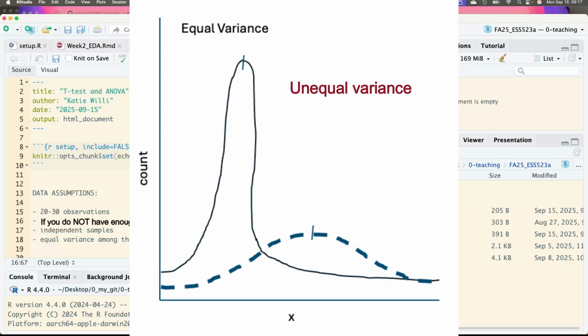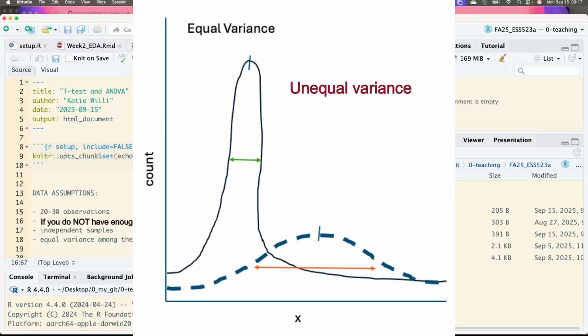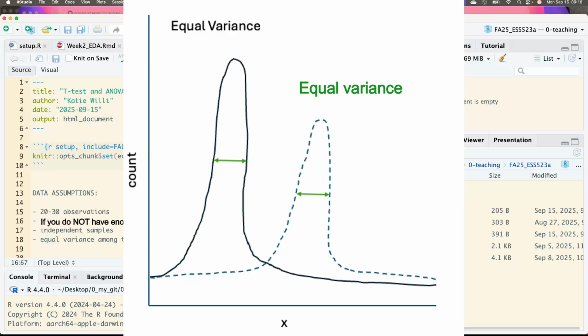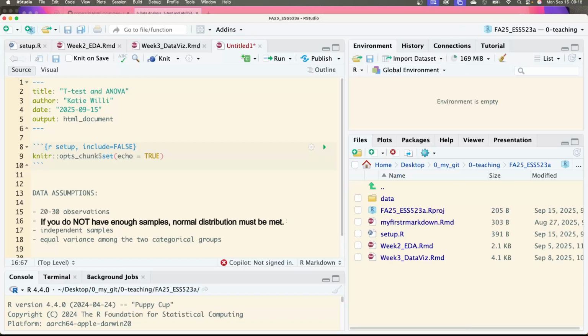We would not call that having equal variance. What that means is the variance from the mean is very different. Your standard deviation is very different from this distribution versus that one, right? We've got a nice tight distance away from the mean for the vast majority of our observations in this instance, whereas here we have a lot of data pretty far away from that mean. So this is an assumption that must be met for both the t-test and the ANOVA. What would be good is if they both looked like that, right? That's good. So that's equal variance.